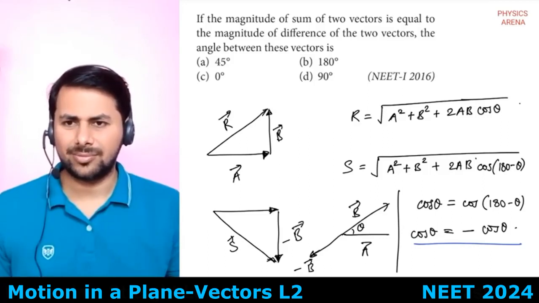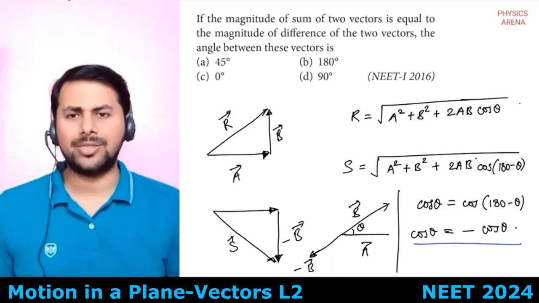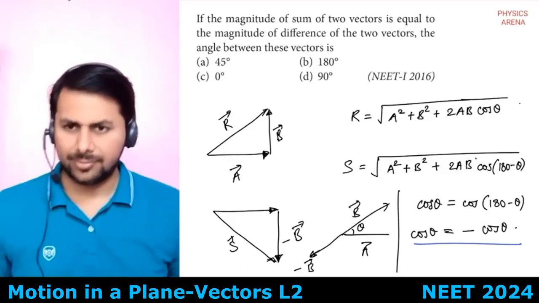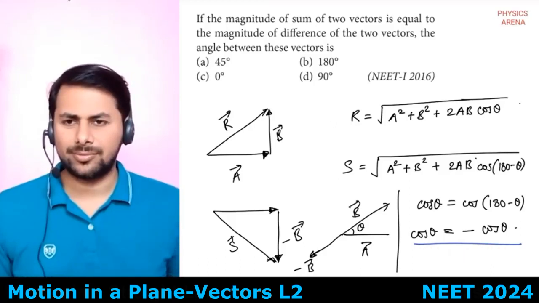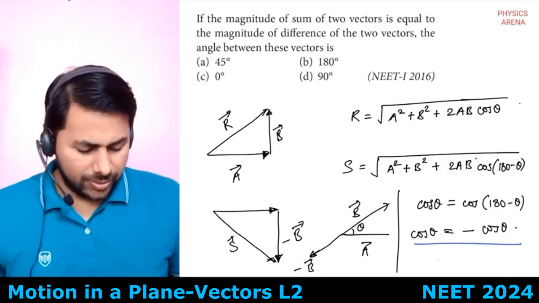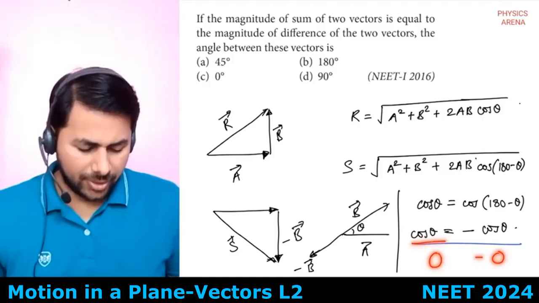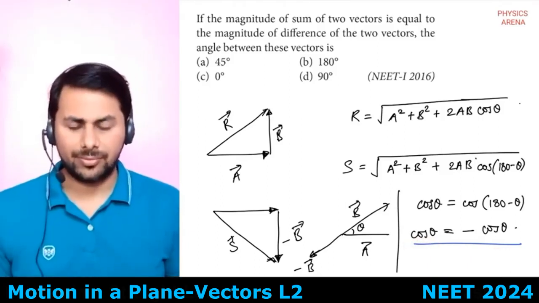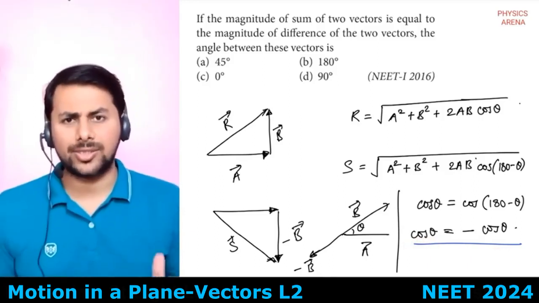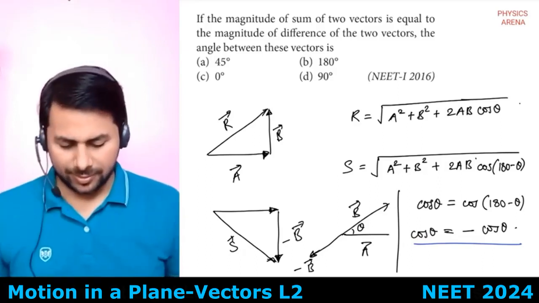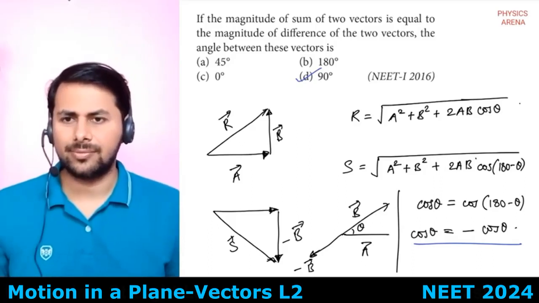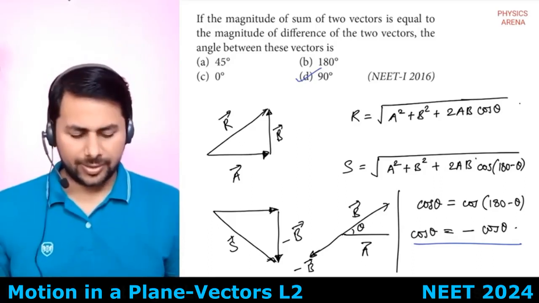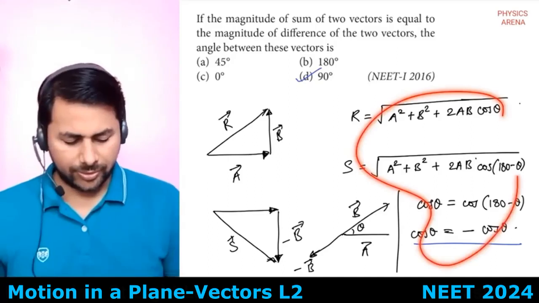I can say it only if the number is equal to 0, right? 0 is equal to minus 0. Yes, sir. That means cos of theta is equal to 0, and for which angle is cos 0? 90 degrees, right? Yes, sir. Okay, so this is a sure shot question.